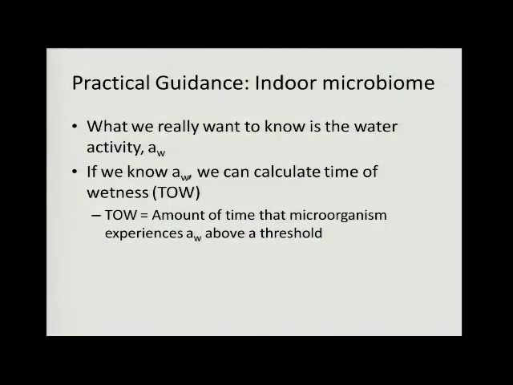So given that what we really want to know is at the opposite end of the spectrum, this water activity, one of the reasons we want to know it is we can calculate something that has been around for a while, relatively new to me, but an interesting concept here called the time of wetness. And the idea of the time of wetness is the amount of time that a microorganism experiences water activity above a threshold.